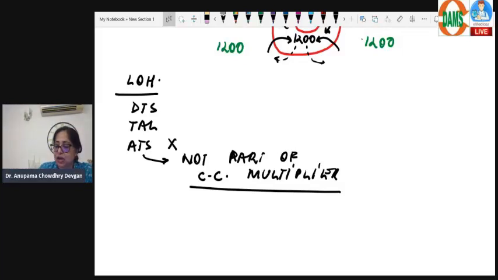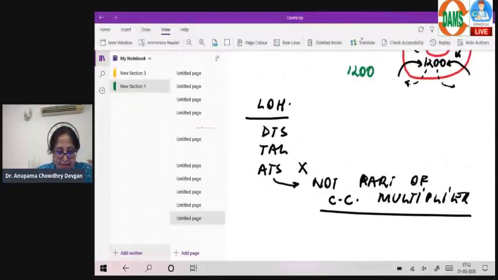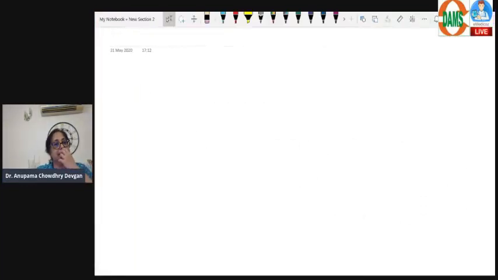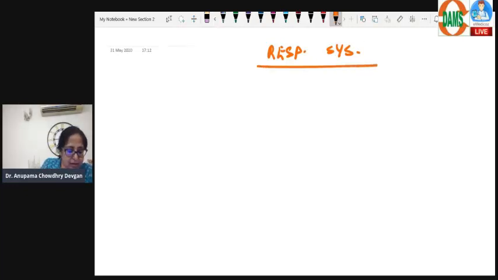All right. Chalo, let's go on to our next system. Let's see the next system that we're going to do over here, and that is going to be the respiratory system. Limiting pH 4.5.